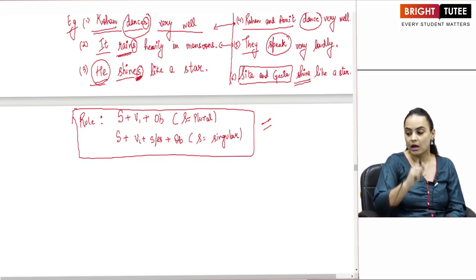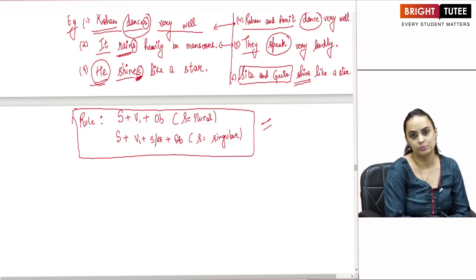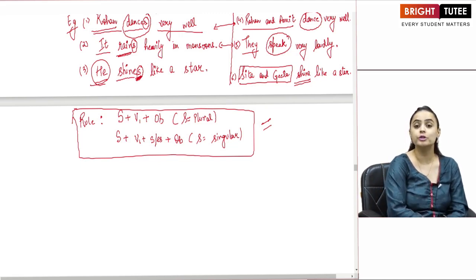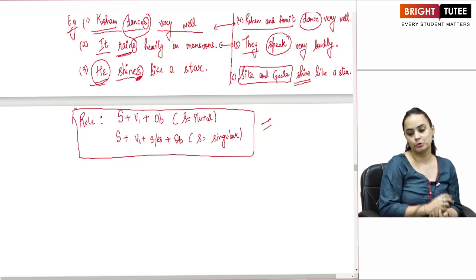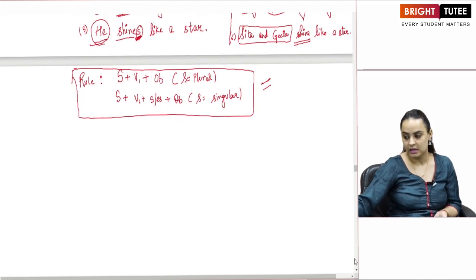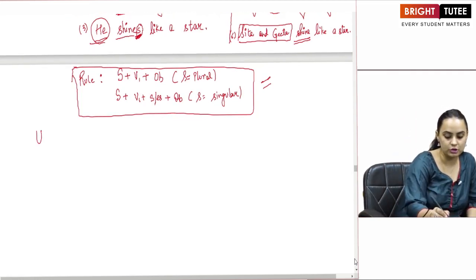But what are the uses of simple present tense? How am I going to know in what situation I am supposed to use the simple present tense? So, what are the uses of the simple present tense?